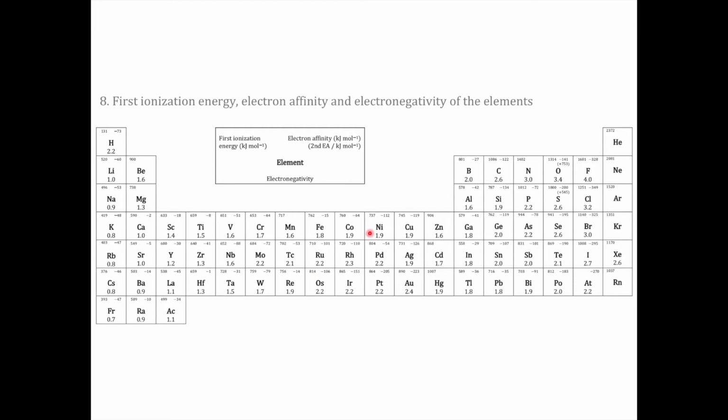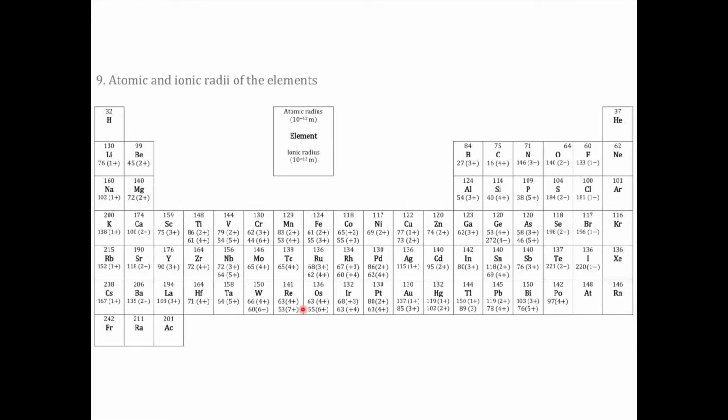These are all in your data booklet available to you during free response tests, okay? Not during multiple choice. You won't need to know these numbers in multiple choice tests. And then atomic and ionic radii for these. So this kind of gives you a scope of what information you have available. This is all in your data booklet.